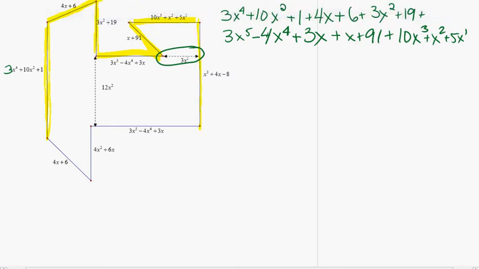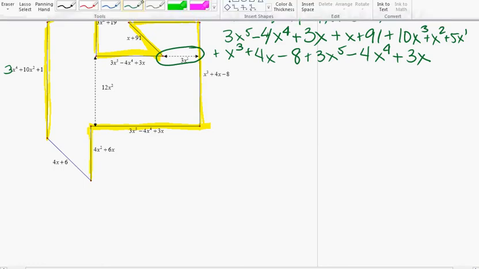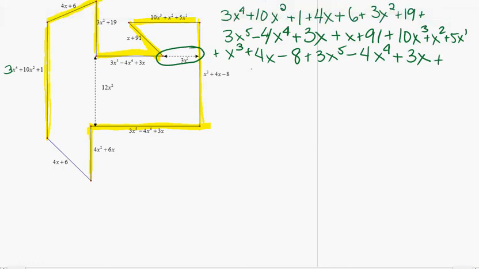Then looking at this taller segment, add in another x cubed plus 4x minus 8, and yet again add in that segment, which will give me another 3x to the 5th minus 4x to the 4th plus 3x, adding some more segments, 2 more left, and I'll do it down here, plus 4x squared plus 6x plus 4x plus 6.